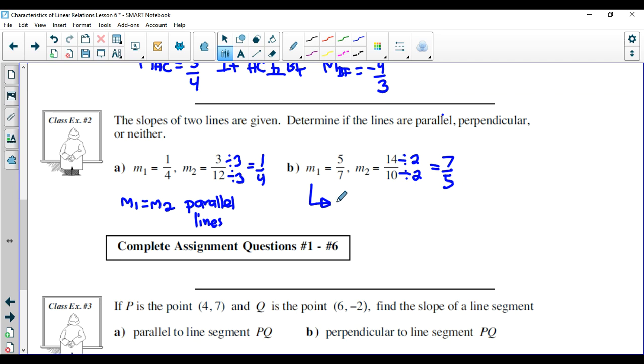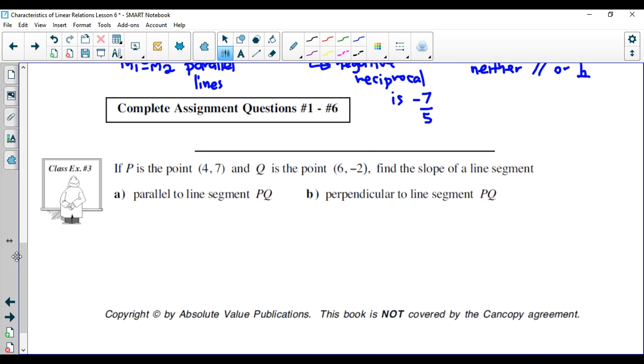The negative reciprocal is negative 7 over 5. So in this case, how would these two lines compare? They'd be neither parallel nor perpendicular. If this was negative 7 over 5, then it would be perpendicular, but it's not.